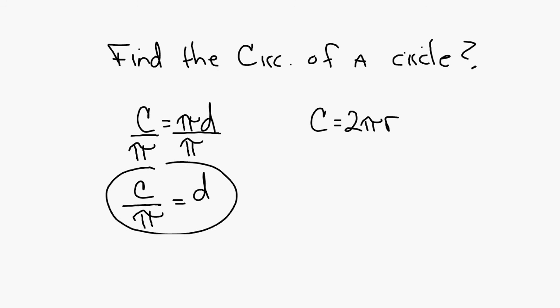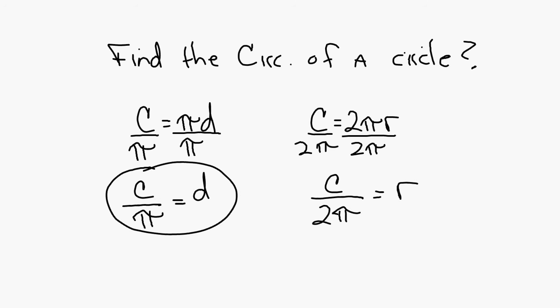Same question, if they want the radius, well, if you divide both sides by 2 pi, then circumference divided by 2 pi equals the radius of any circle. All right? So if they give you a number, plug the number in. If they don't, that's what they get back. Any other questions?